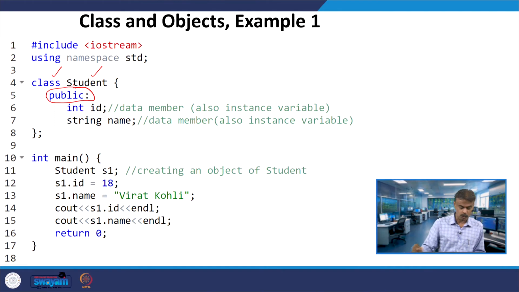Right now no need to worry about this. This is called the access modifier. This syntax we will cover slightly later once I introduce access modifiers, but before that we are using the data members. The first data member is int id.